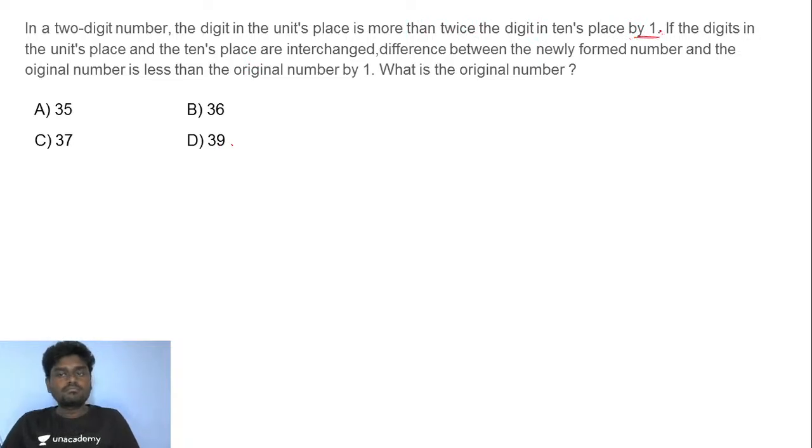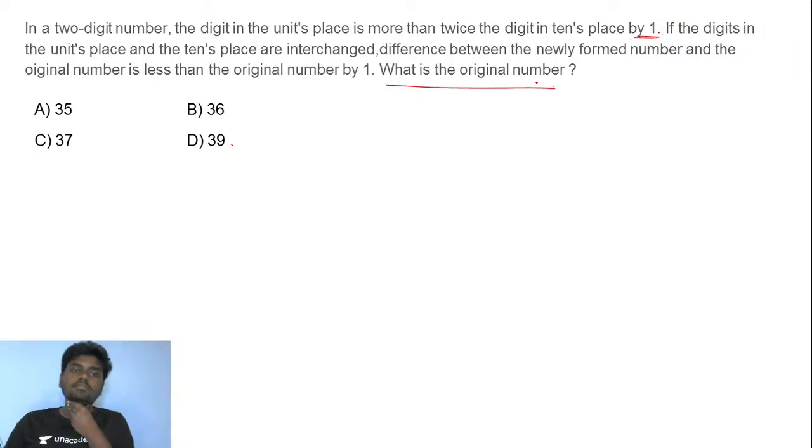If the digits in units place and the tens place are interchanged, the difference between the newly formed number and the original number is less than the original number by 1. So you need to find what exactly is the original number.